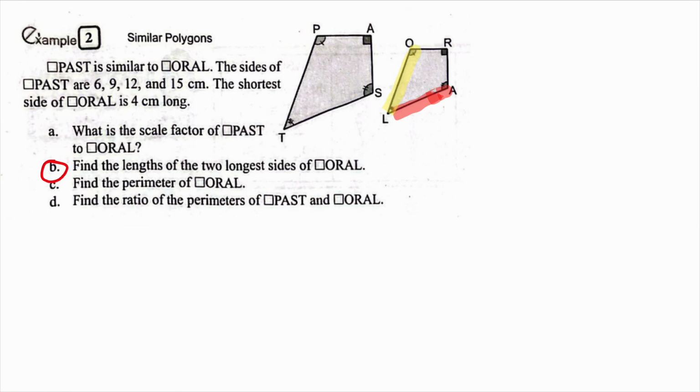To find AL first, we use the proportion PA over OR, and that is equal to ST over AL.